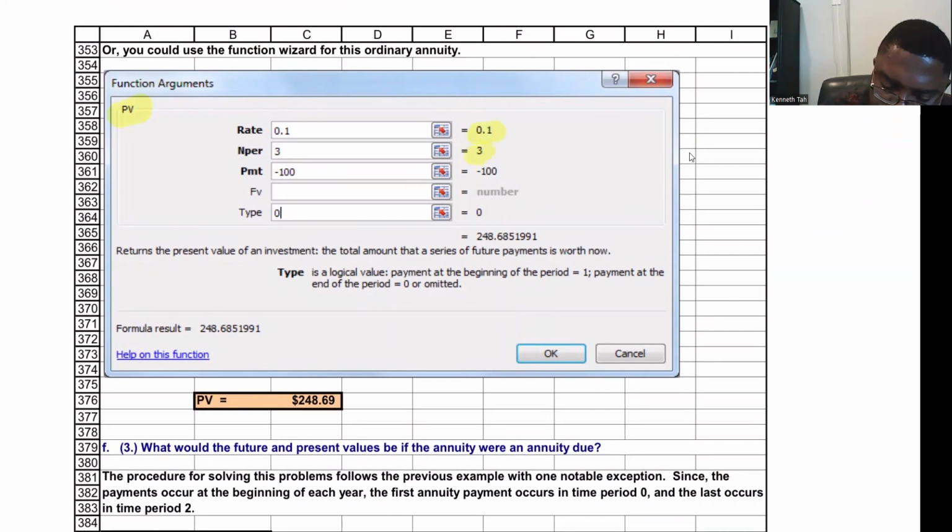It will ask for the number of periods, 3. Payment, you see now we take negative. And enter. That is going to give us our present value, which is consistent with the formula and the financial calculator.